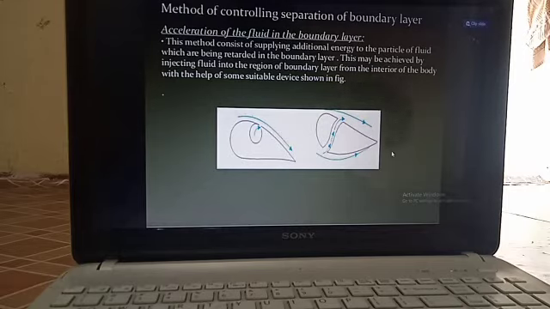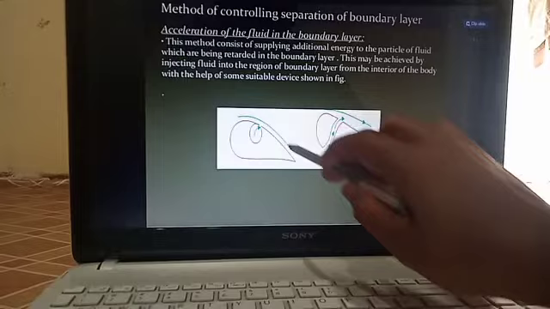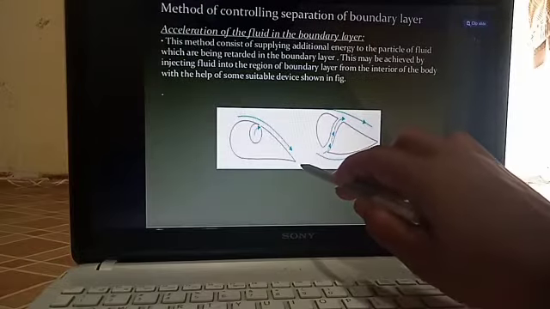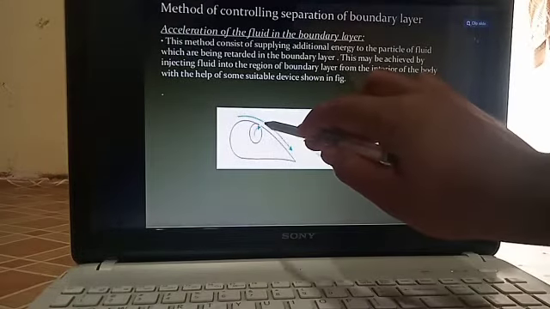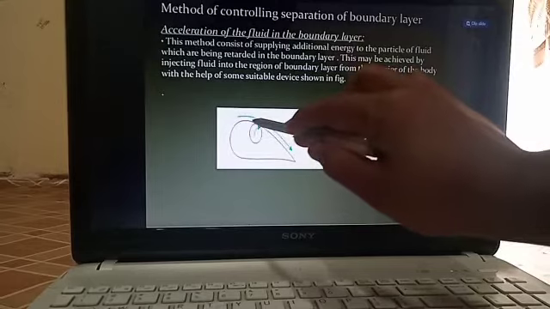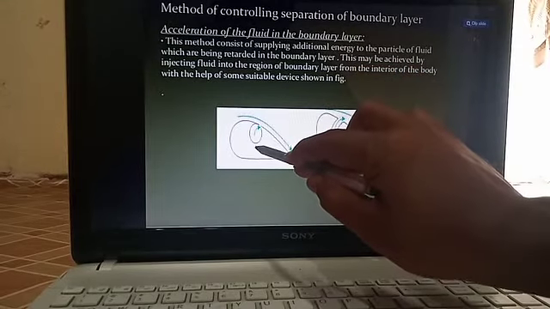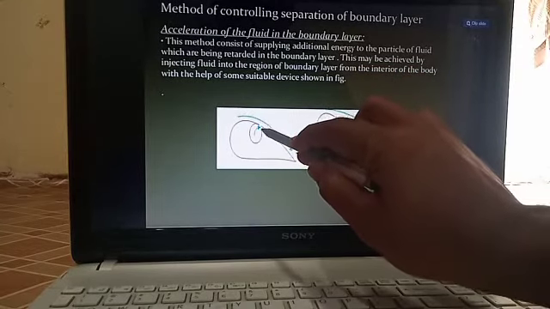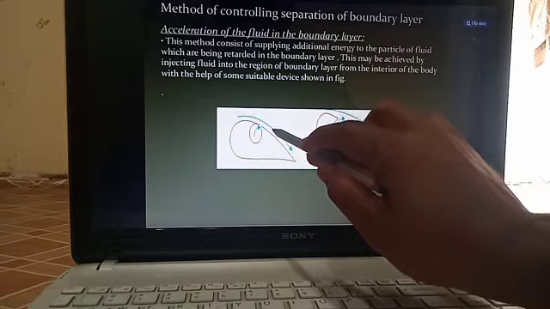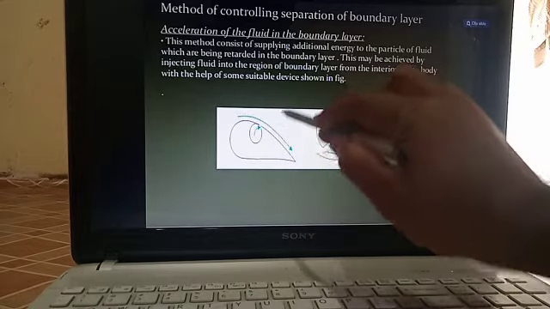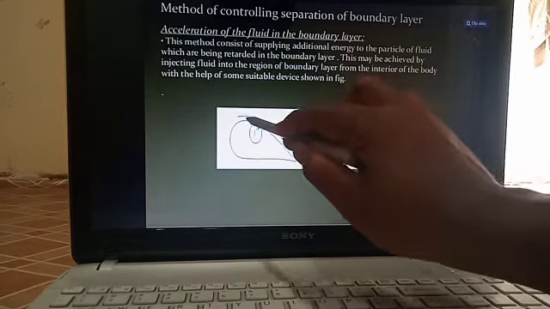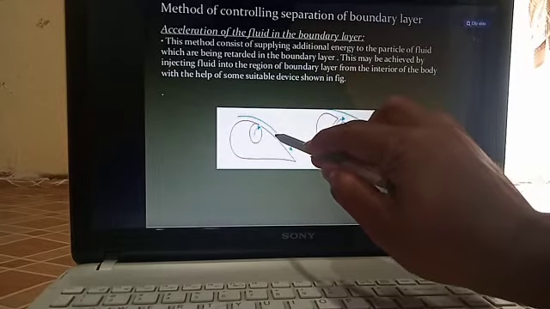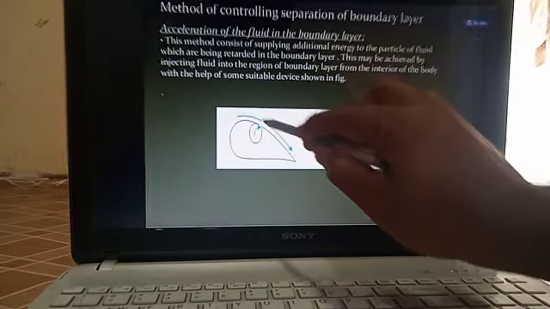So this is your boundary layer. We inject the fluid particles from inside the body. Otherwise, the retarding fluid particles would retard the boundary layer fluid particles, and that's why they would get separated.